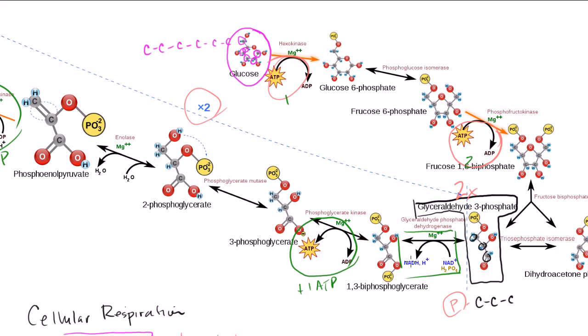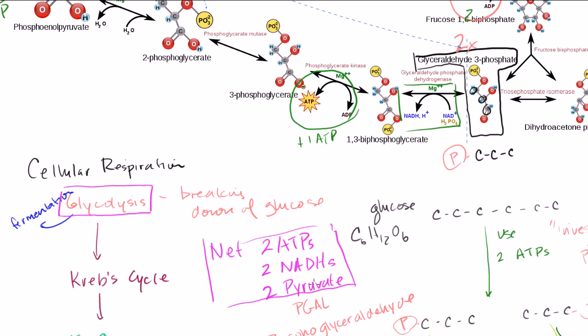So this happens once for each of these compounds, and obviously there are 2 of these. Glucose got split into 2 of these guys, so 2 NADHs. 2 NADHs are going to be produced, and later these are going to be used in the electron transport chain to actually each produce 3 ATPs.